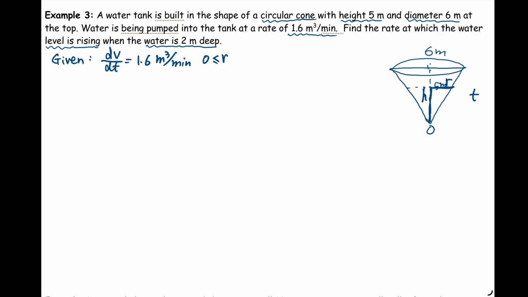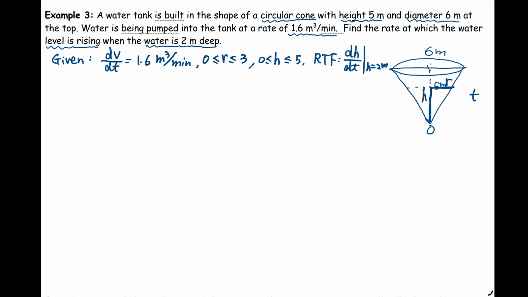R is greater than 0, less than 3, and height is greater than 0, less than 5. They are given informations. Required to find is the rate of change for the height, when the height is 2 meter. So we put 2 meter at the very end to remember that you only use this 2 meter for the last step. So this is our step 1.